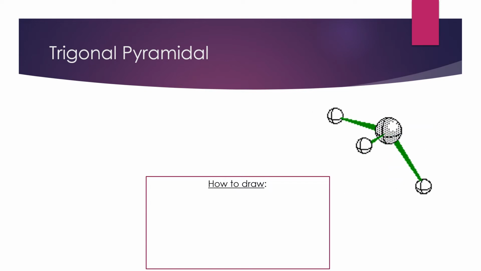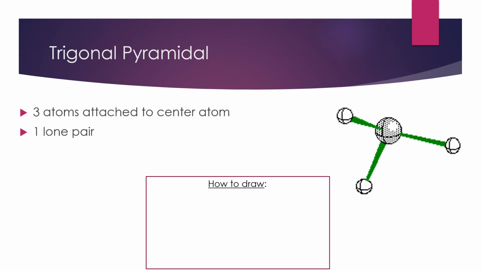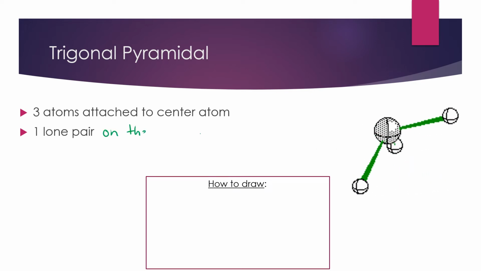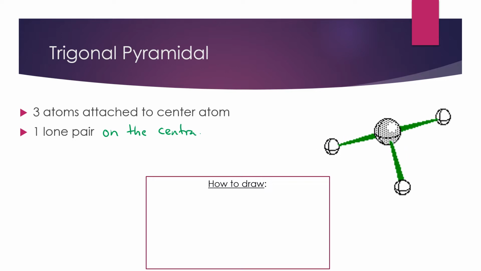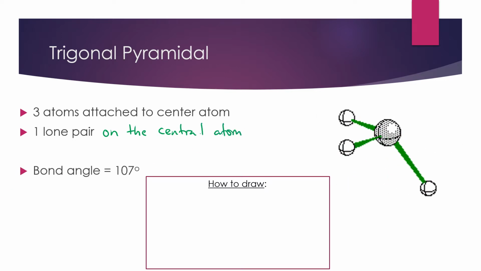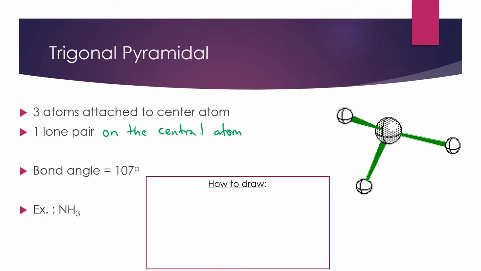Trigonal pyramidal. 3 atoms attached to the center atom. We have 1 lone pair on the central atom. The bond angle is 107 degrees. And our example is ammonia.